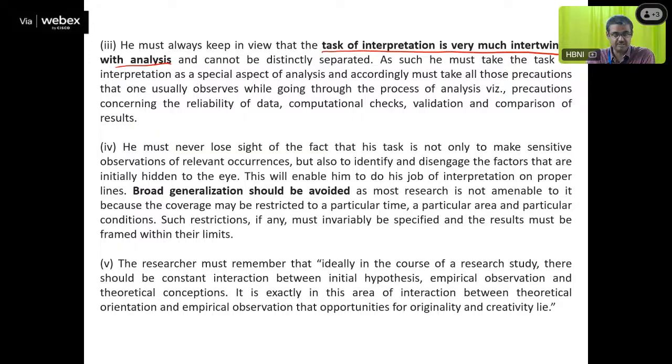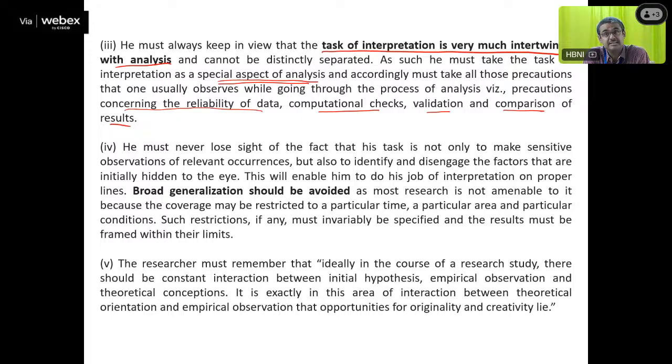He must take the task of interpretation as a special aspect of analysis, and accordingly must take all those precautions that one usually observes while going through the process of analysis. That is, precautions concerning the reliability of data, computational checks, validation, and comparison of results. You have already undertaken various statistical analyses of your data in many classes, where you have gone through the list of precautions considered for the reliability of data.